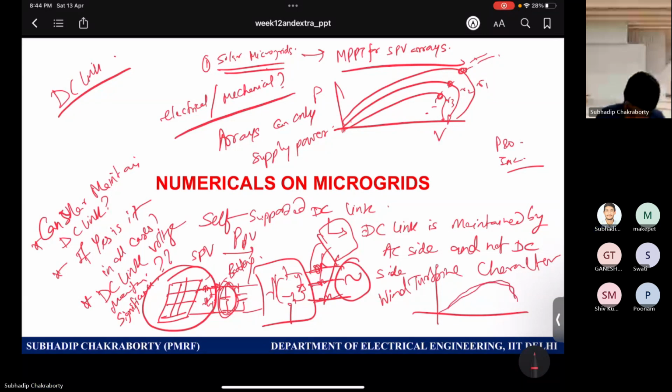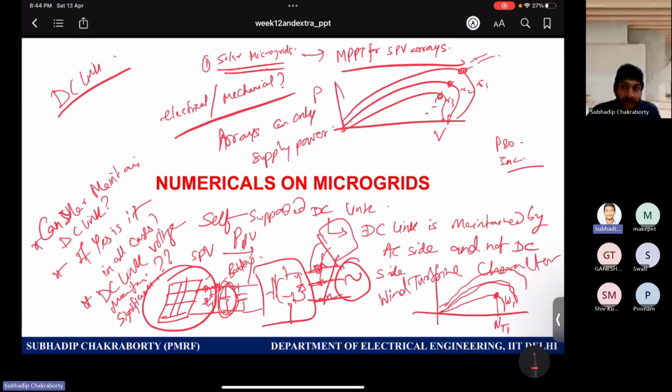So the wind turbine has characteristics like this at different wind speeds. For example, W1 is the wind speed, and NT1 is the turbine speed corresponding to the maximum power at that given wind speed.